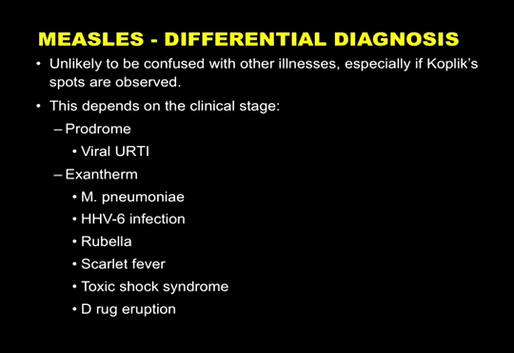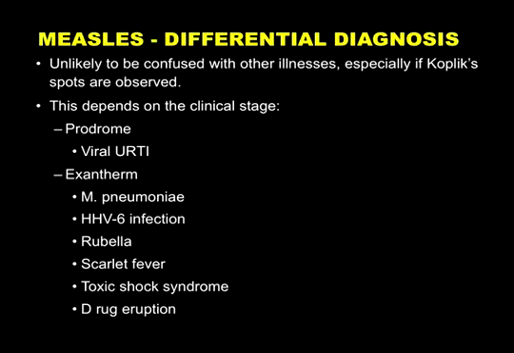And the differential diagnosis basically depends on the stage. In the prodrome, where they have non-specific presentations, they have fever, cough, and coryza, it could be any other viral upper respiratory tract infection: the influenzas, the parainfluenzas, the rhinoviruses, and the rest.